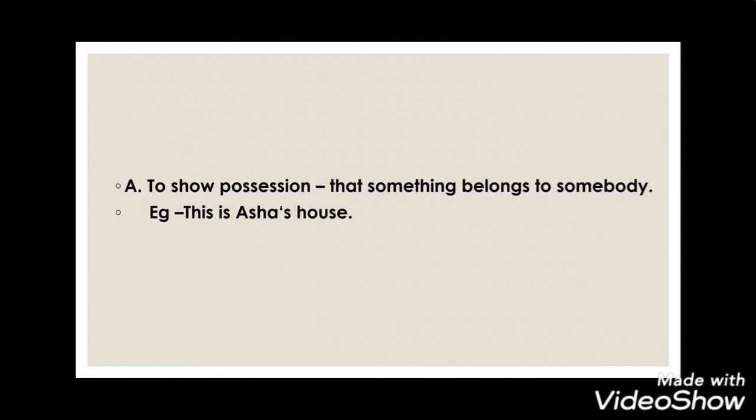For example, this is Asha's house. Possession means something or some person belongs to somebody particular. Here the house particularly belongs to Asha. That's why we have put apostrophe s.